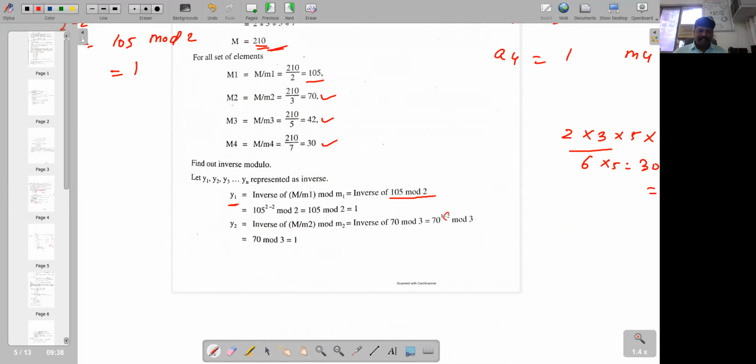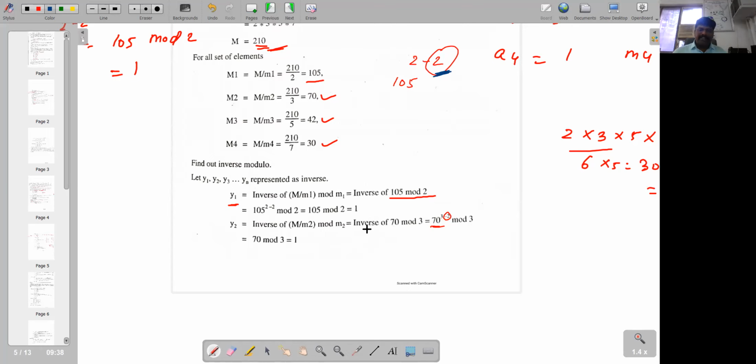It is the inverse value which you calculate: the M value, 105, upon the modulus is equal to 2 minus 2. So this is a fixed 1, and this 2 minus 2 will be common for all the equations.